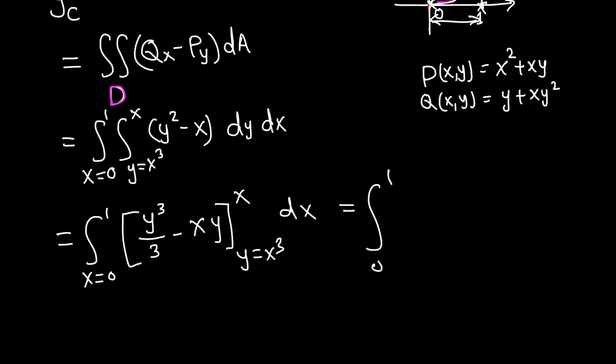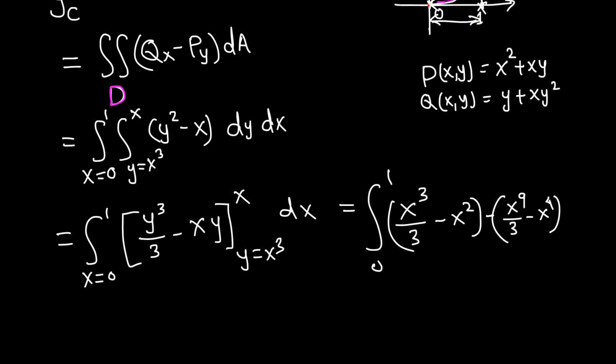So this is x cubed over 3 minus x times x, upper limit minus lower limit, plugging in y equals x cubed raised to 3, x to the 9th over 3 minus, here goes x cubed times x to the 4th, and we have dx.